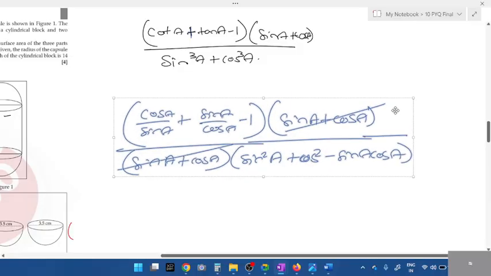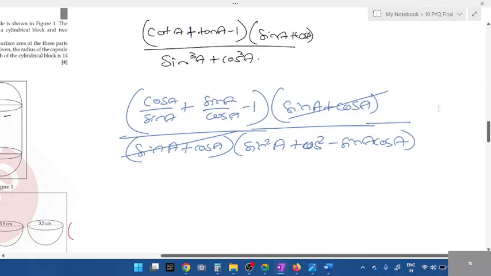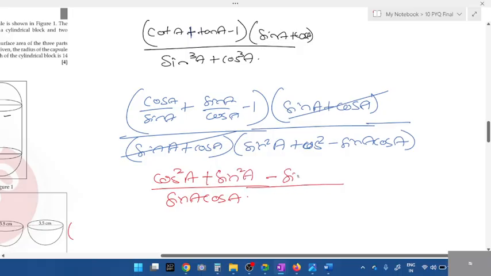What is common in the denominator? Sin A into cos A. When you cross multiply, cos square A plus sin square A, and for minus 1 you have to multiply both, right? It should be in the numerator: minus sin A into cos A.